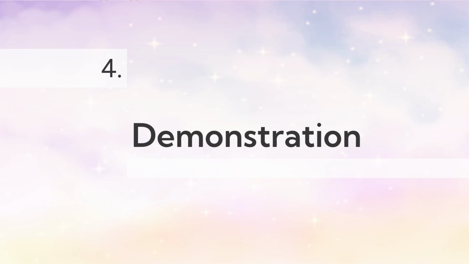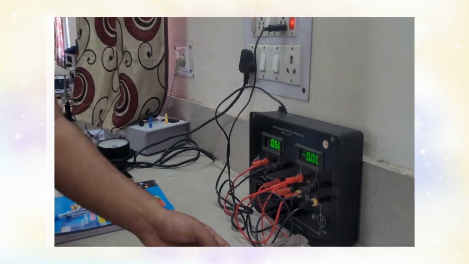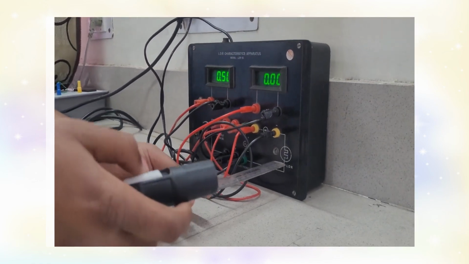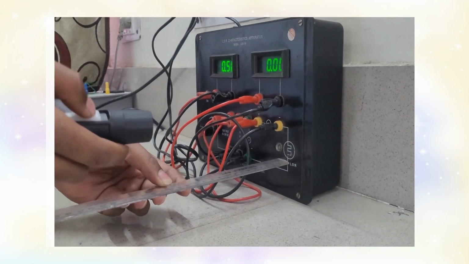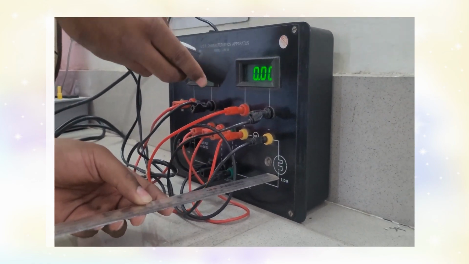So now I will show the demonstration of this experiment. Now I will demonstrate the working of LDR. I have this scale, and I will light this torch, and I will see the changes in the readings of current here.